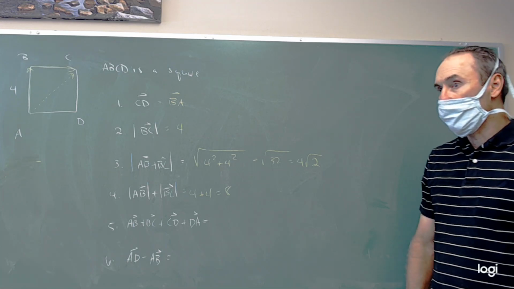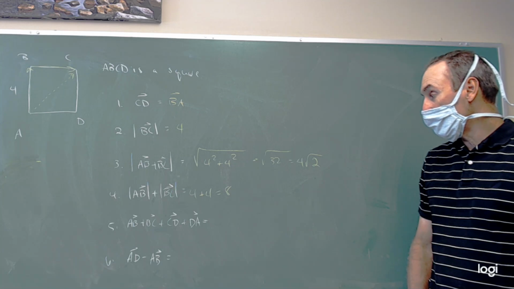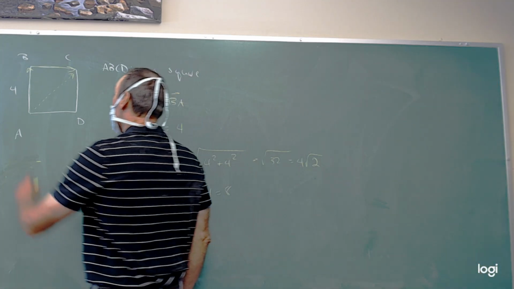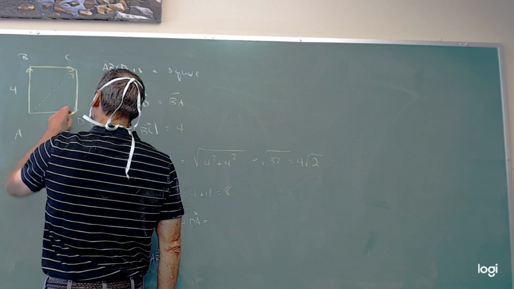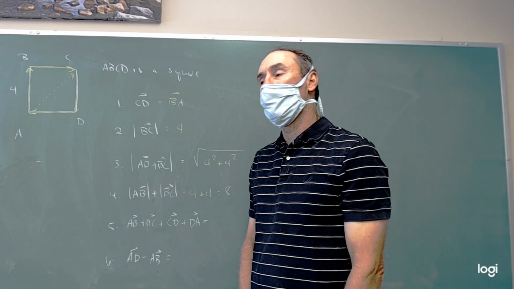Next one's weird. If you go AB plus BC plus CD plus DA, and you just go tip to tail, it takes you right back where you started. What is that vector?